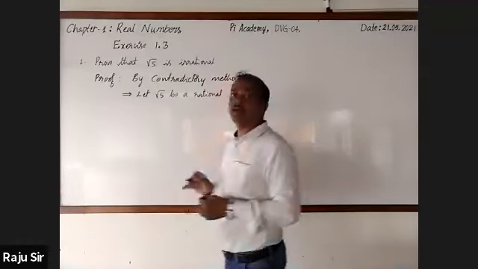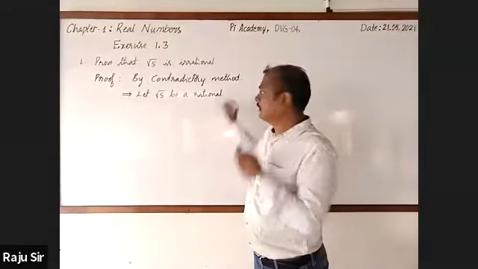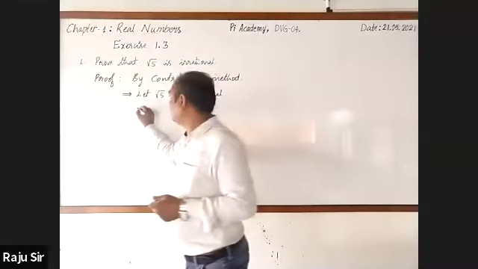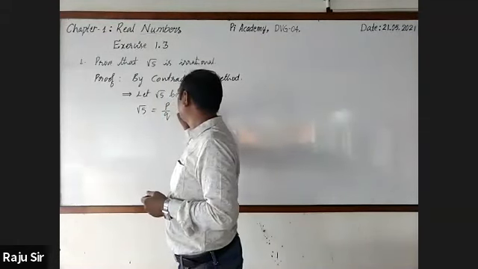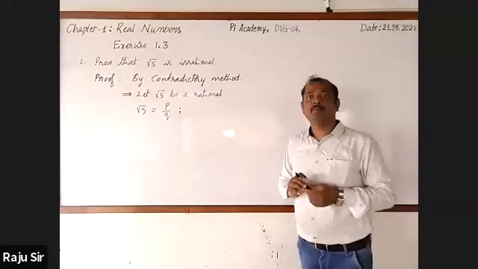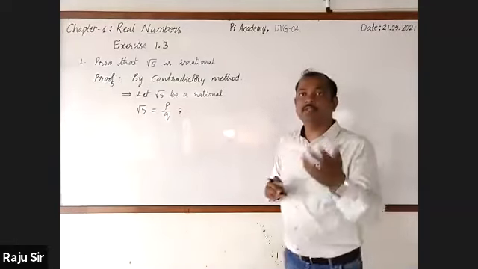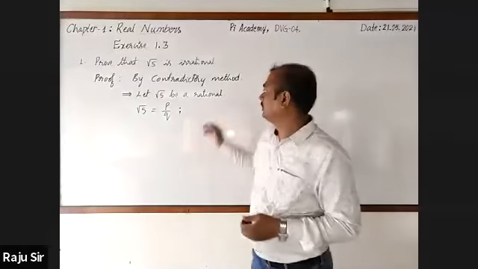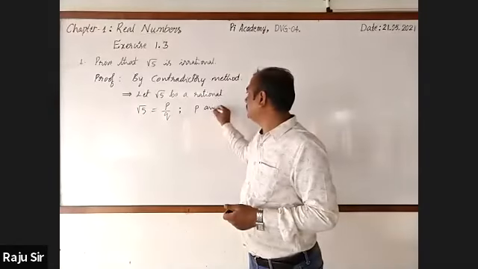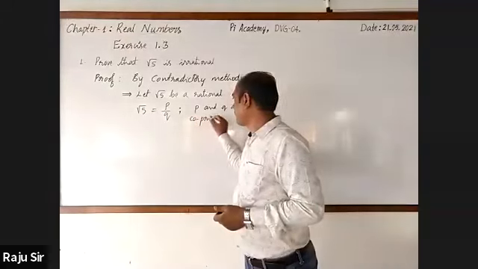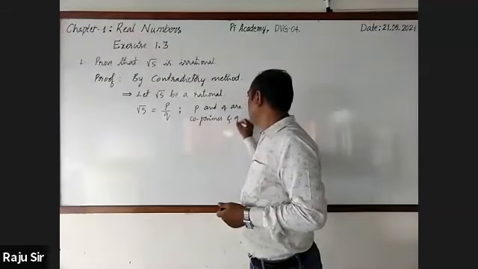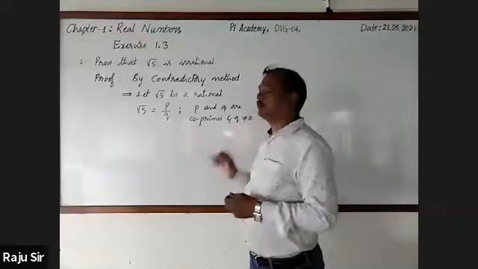If it is rational, it can be written in the form of p by q. Now here, what do you say about p and q? Co-primes. Very good, Sudarshan, you are right. Where p and q are co-primes and q is not equal to 0.